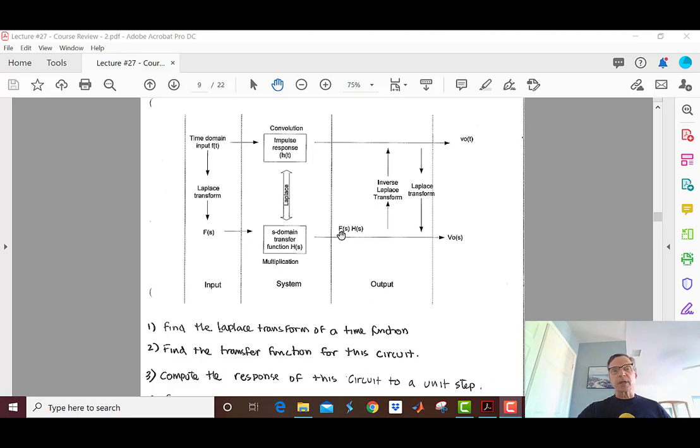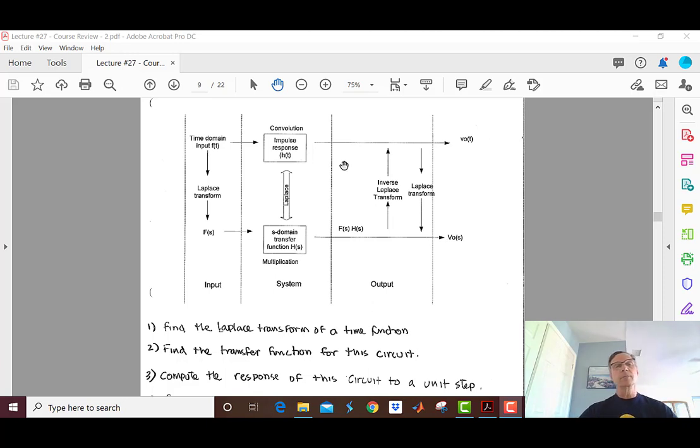You're going to see we get F of s, the Laplace transform of our input, times H of s, the S-domain transfer function. Now we have the response to the unit step, but it's in the frequency domain. So what we want to do now is convert it back into the time domain, and we do that with the inverse Laplace transform. And then we come out here with v out of t.